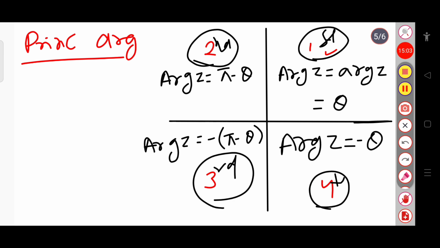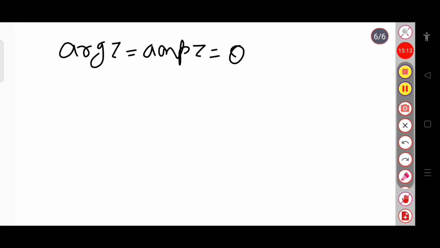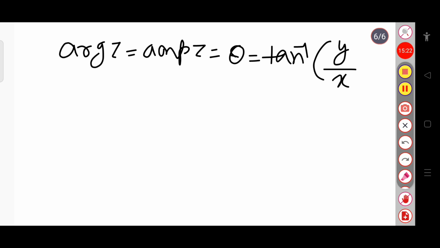So what we conclude is that the small argument of z, also known as the amplitude of z, is equal to theta, that is tan inverse of the imaginary part of z, y, divided by the real part of z, x, that is theta equal to tan inverse y by x.